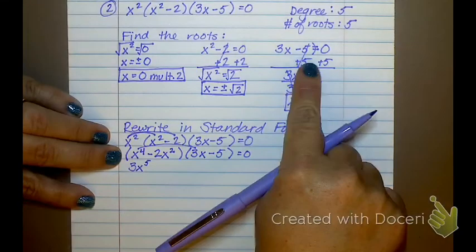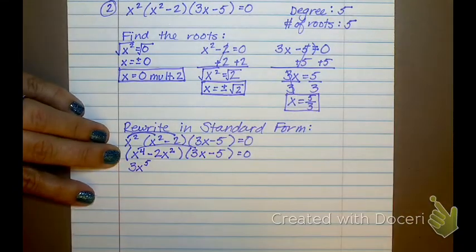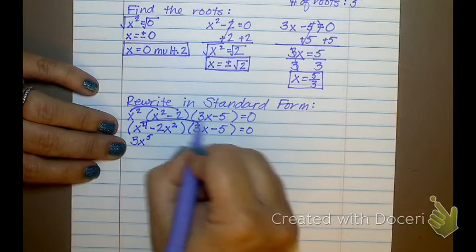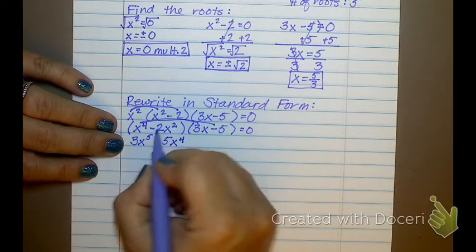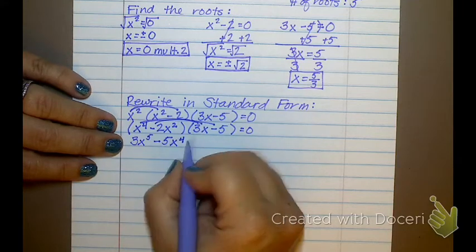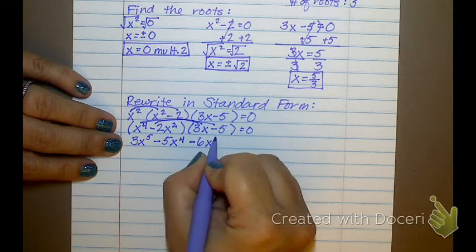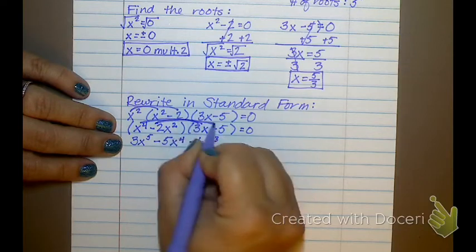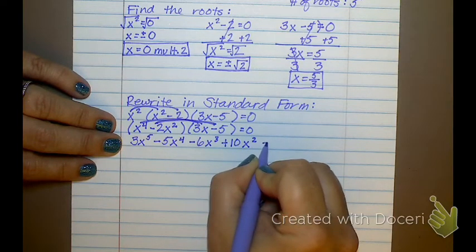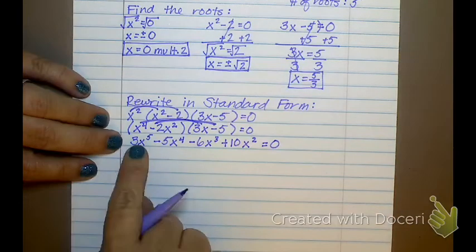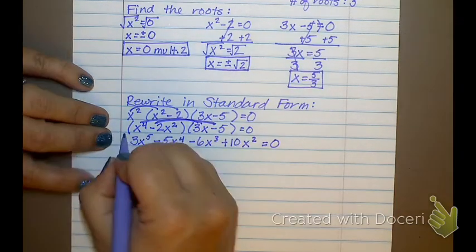Because I said it was a degree 5 up there. X to the fourth times negative 5 is negative 5x to the fourth. Negative 2x squared times 3x is negative 6x cubed. Negative 2x squared times negative 5 is positive 10x squared. And double check to make sure you're in standard form. We're good.